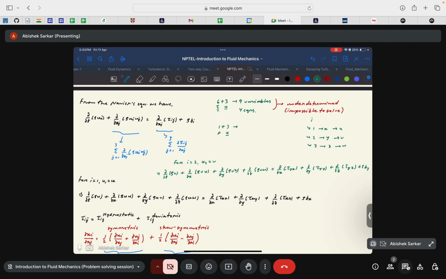So we are left with 4 variables and 4 equations. Wow. And now the playing ground seems quite even, right?